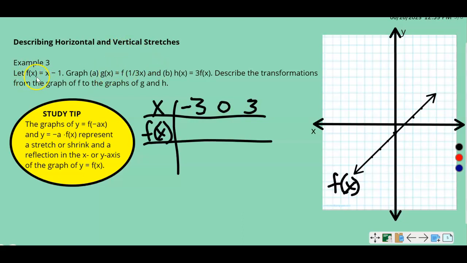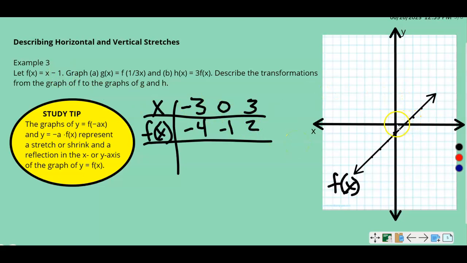First, we want to find f of x. So x minus 1. Okay, so x minus 1 would be -4. And then 0 minus 1 is -1. 3 minus 1 is 2.